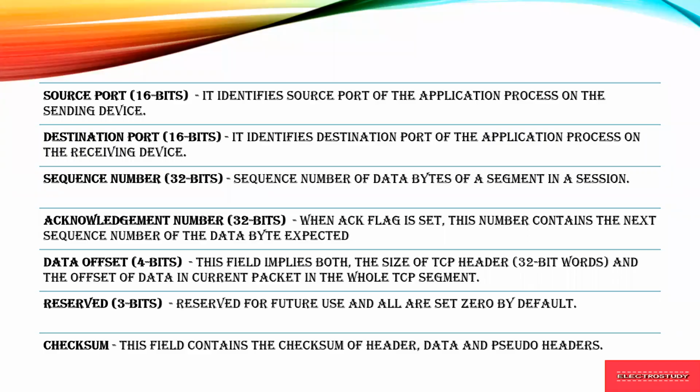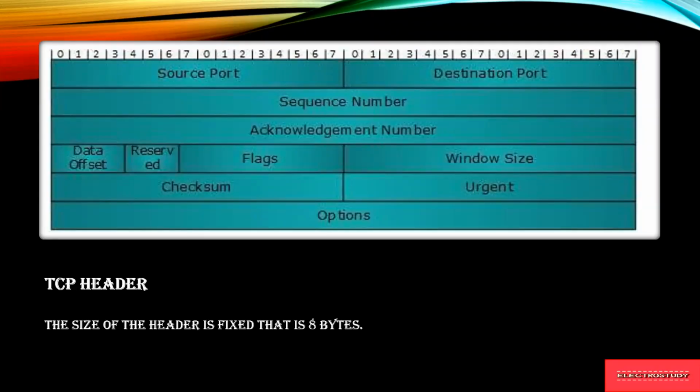You obviously know what the source port is in all the protocols we are seeing. Here the source port is 16 bits. It identifies the source port of the application process on the sending device. The destination port is also 16 bits, and it identifies the destination port of the application process.